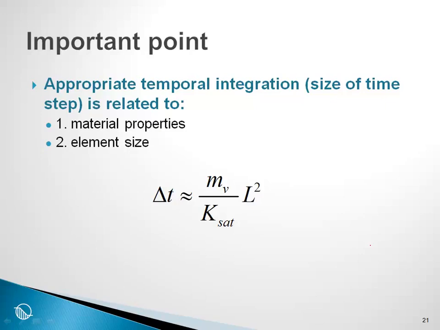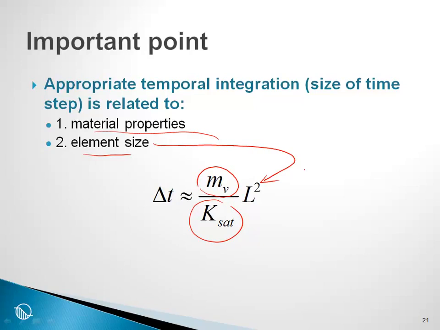So the important point here is that appropriate temporal integration, or size of time step, is related to the material properties, which are m sub v and k sat, and it is related to element size, which comes into here.